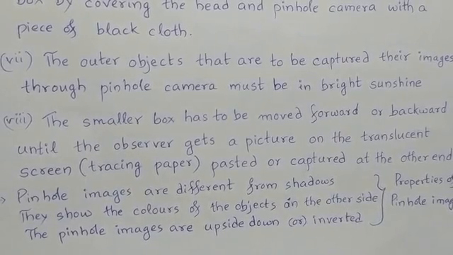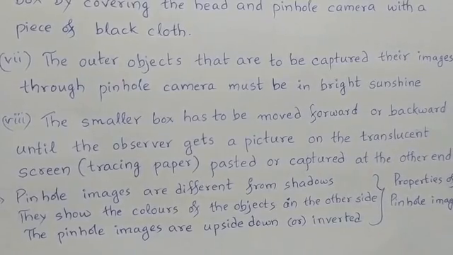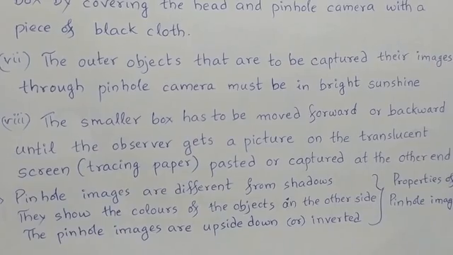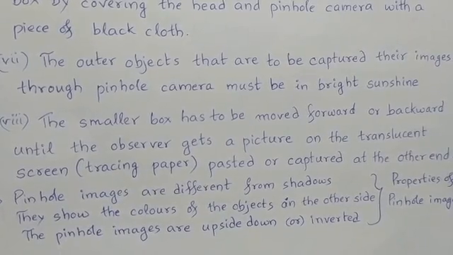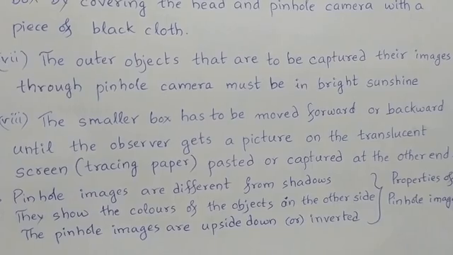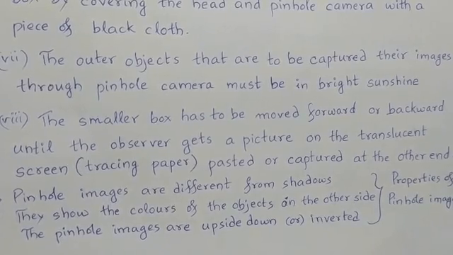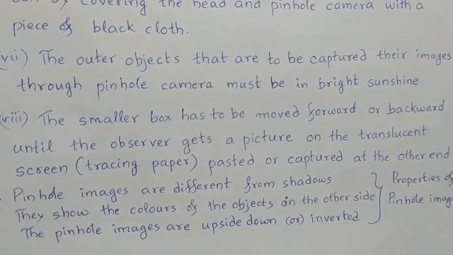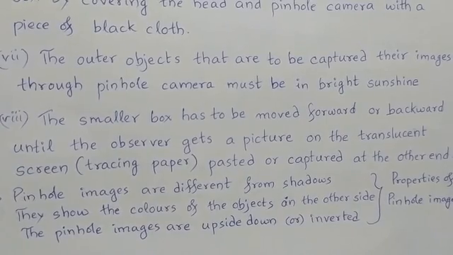The outer objects that are to be captured, their images through the pinhole camera, must be in bright sunshine. If you think that you can get the images of the outer objects during the night time or when there is very dull sunlight, then it is going to be a little bit difficult or impossible.